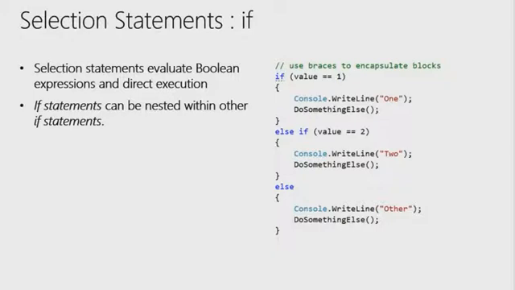If we look through this whole string of commands and work out exactly what's going on, first of all, it's evaluating if the value is equal to 1. If the value equals 1, then it'll do console write line 1. And then it evaluates else if? Then it basically exits as soon as it hits the else if. This is the efficiency.